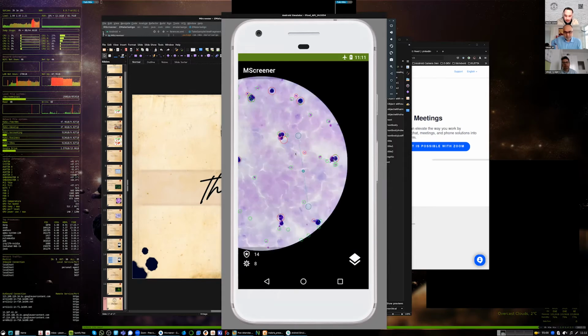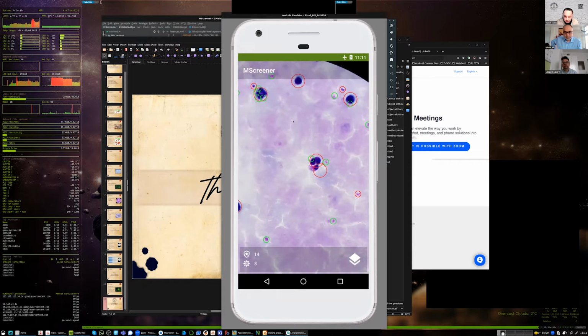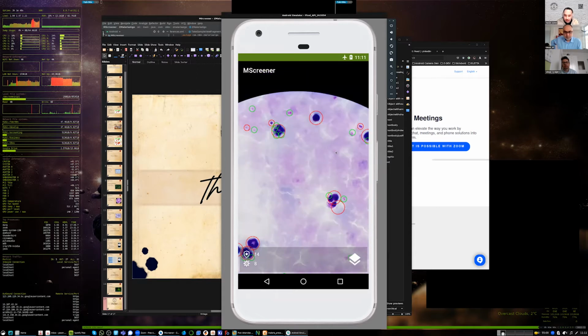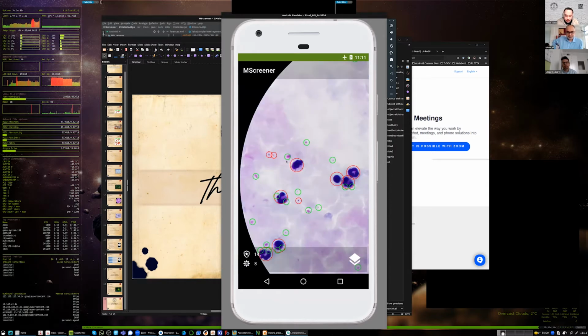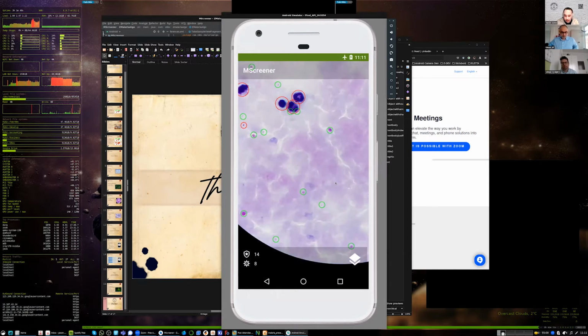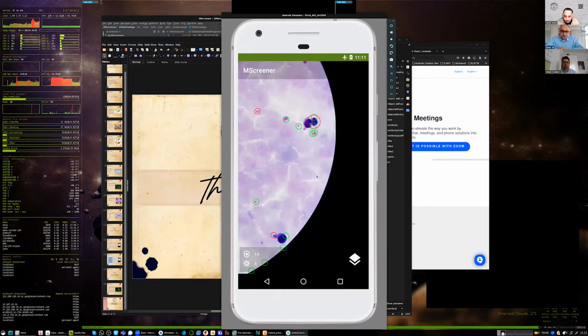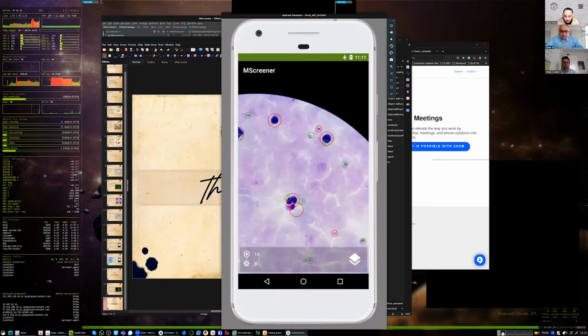This is harder in the emulator than normally, but you see those red things, that's white blood cells, and the small red circles, that's the parasites. In this one, it's not that many. And then you can toggle which one to show.